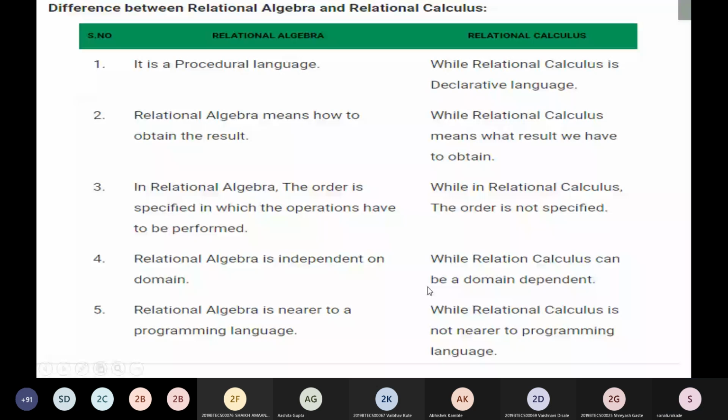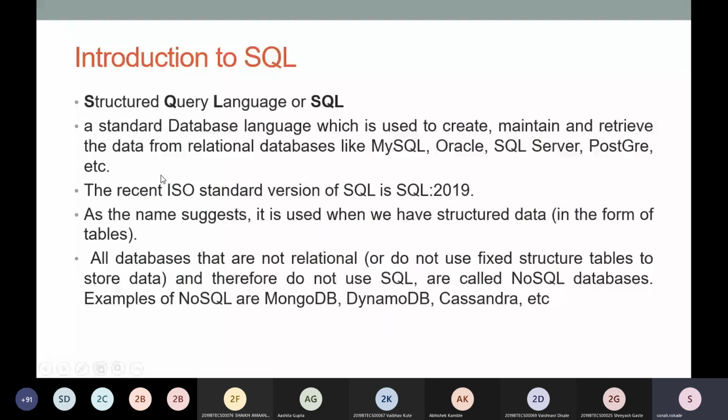Now the most important point of this database subject is SQL. It doesn't mean that the part we have learned is not important. That part is also important, but it is a little bit theoretical, and theoretical concepts are a little bit sleepy.